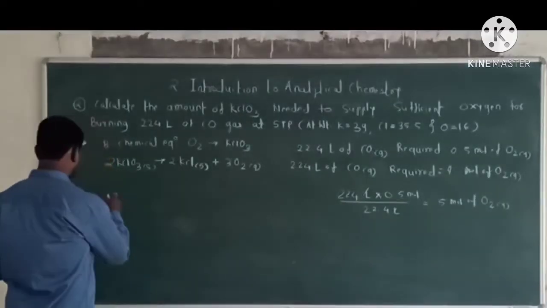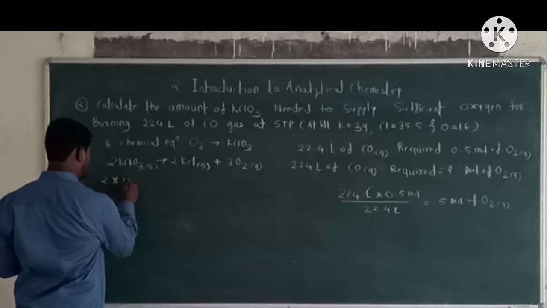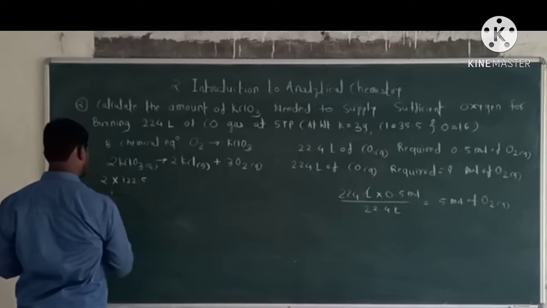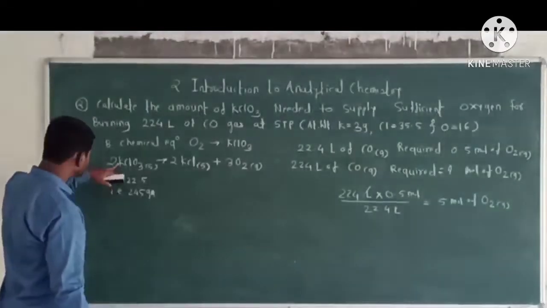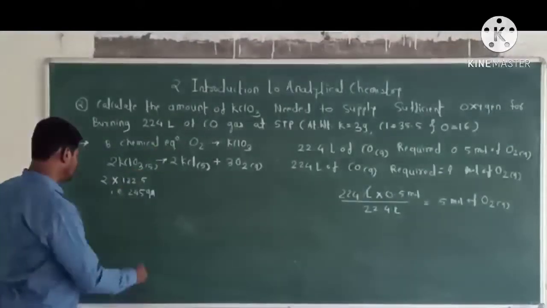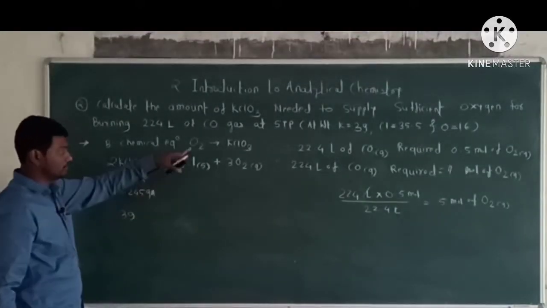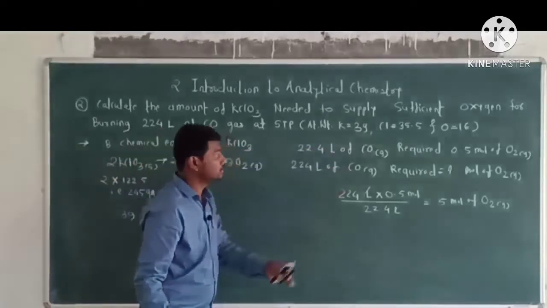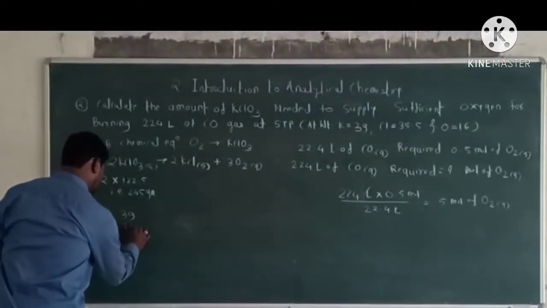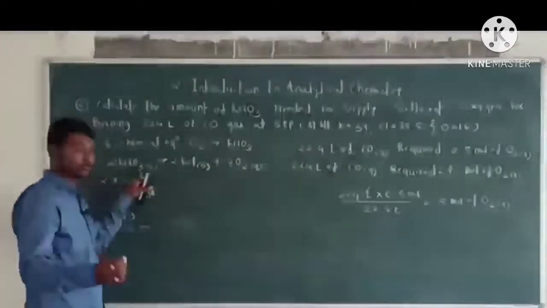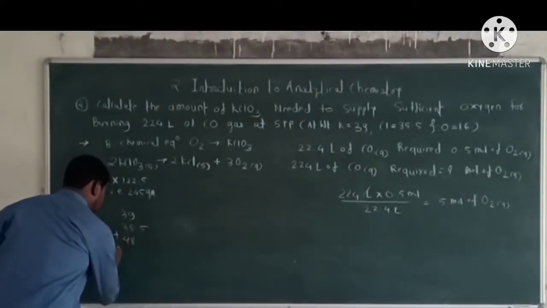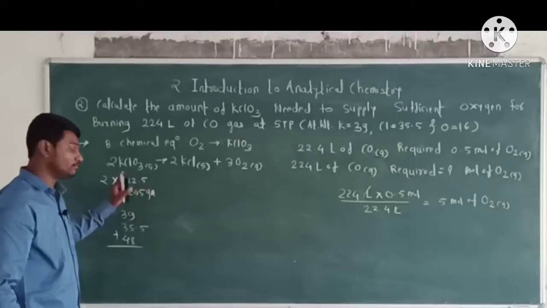Here 2 into 122.5, that is 245 grams. The atomic weight of potassium is 39, the atomic weight of chlorine is 35.5, and the atomic weight of oxygen is 16 into 3, that is 48, and the total is 122.5.